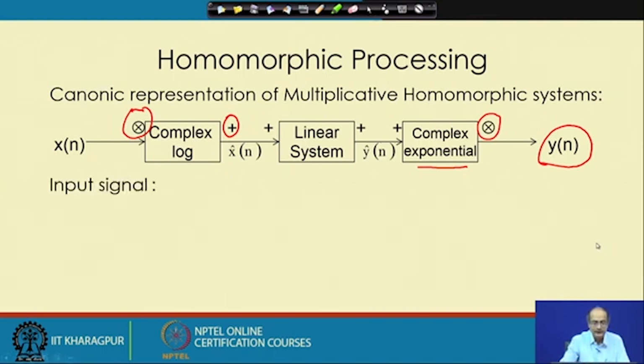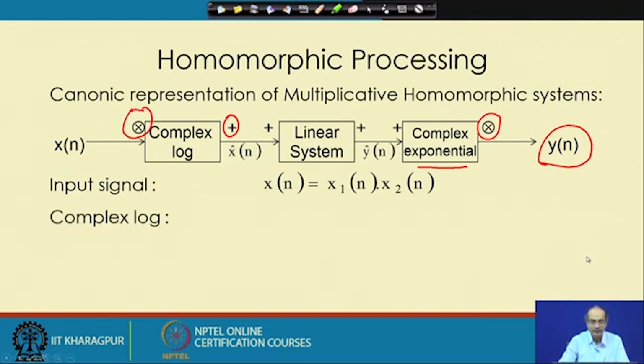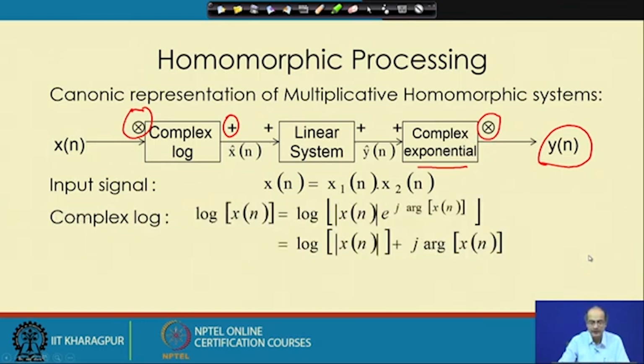First, let us look at the input signal. The input signal x n, or the observed signal, has multiple constituents x 1 and x 2. For simplicity, we have just taken two components, combined in a multiplicative way. Next we have the complex logarithm. First, we need to know how to compute it.